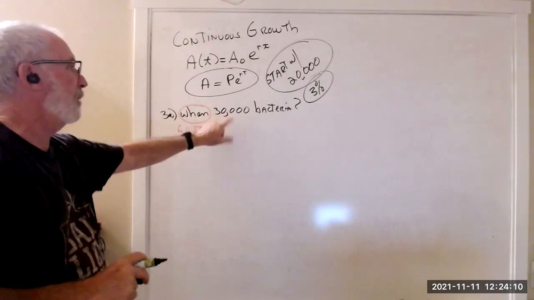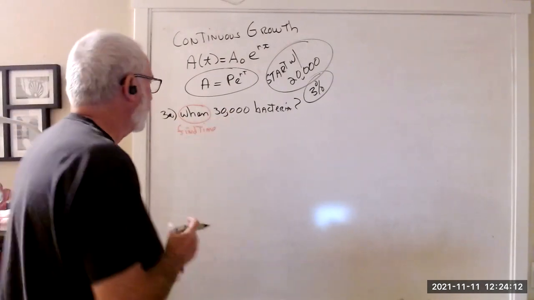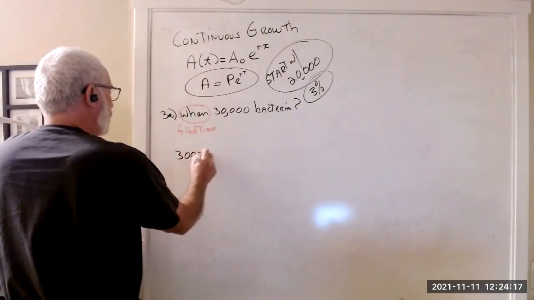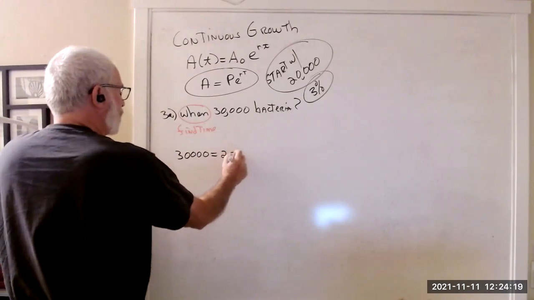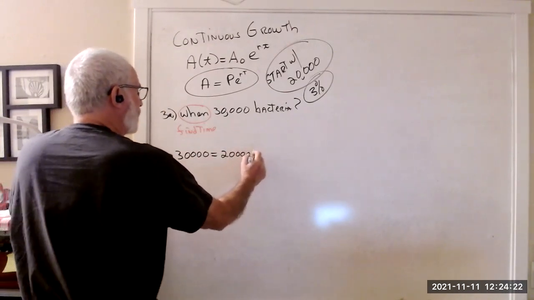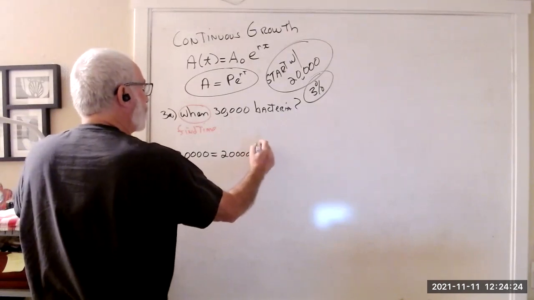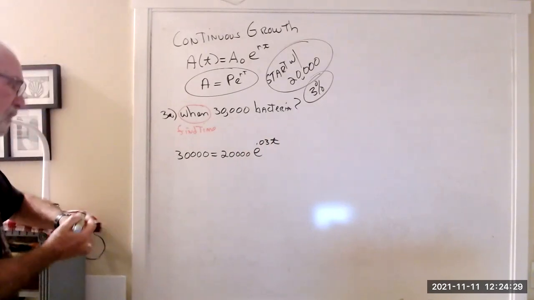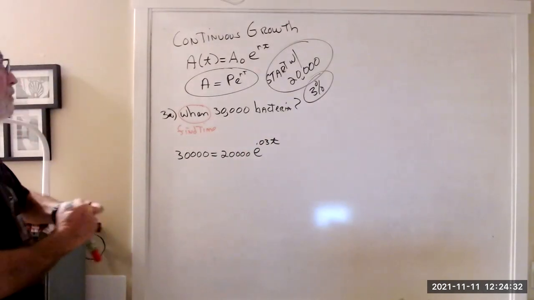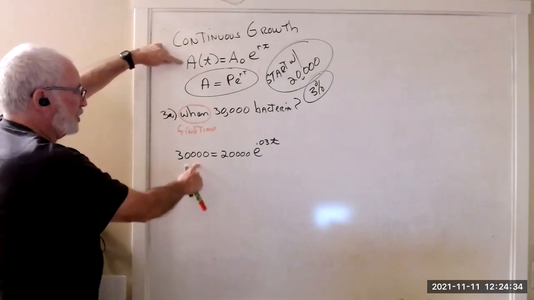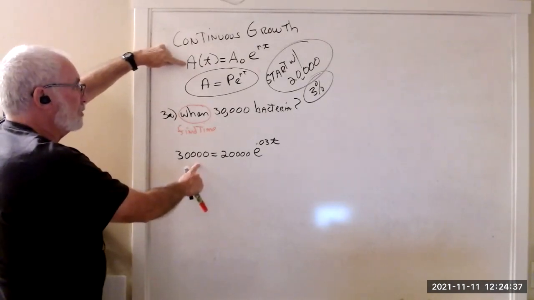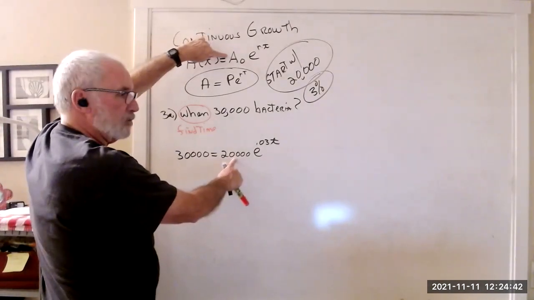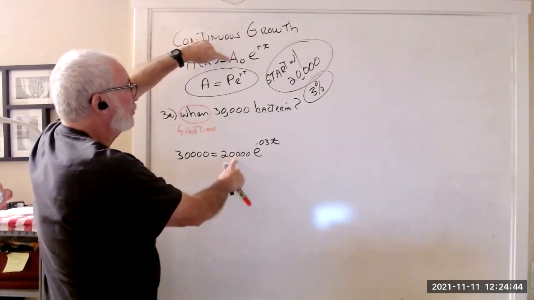Okay? So when? All right, so taking this formula, we know that someday we'll have 30,000, but we're going to start at 20,000 times e to the 0.03 t. So the amount after some time is going to be 30,000. The initial amount was 20,000, A sub 0.